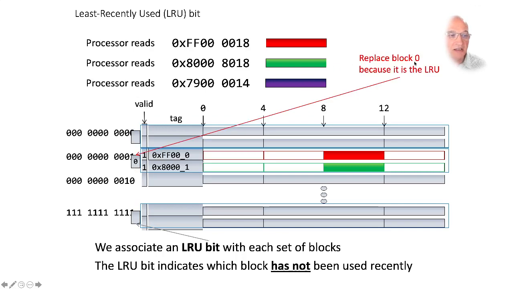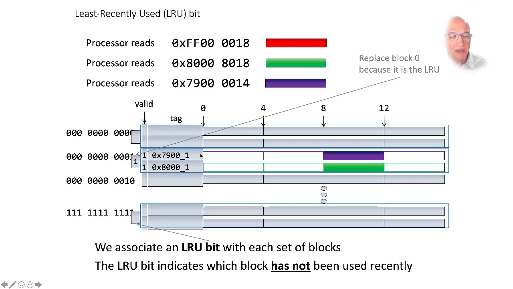So we'll replace the block 0, because the least recently used bit indicates that the block 0 has not been used recently. So what was the red block that was there has been thrown away, and I have written over this the purple block here that is at the address 0x79000014, and I will update the tag associated with the block indicating that this is the new address that is stored in the cache.